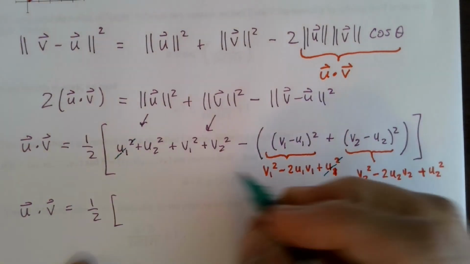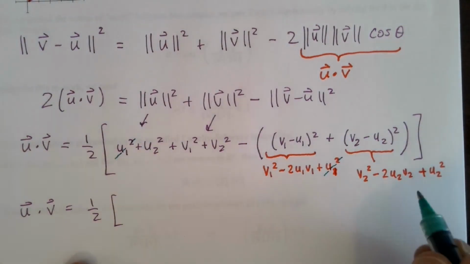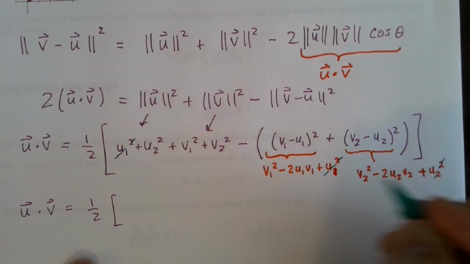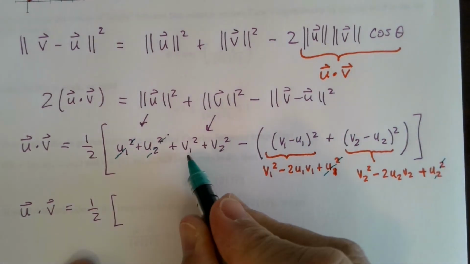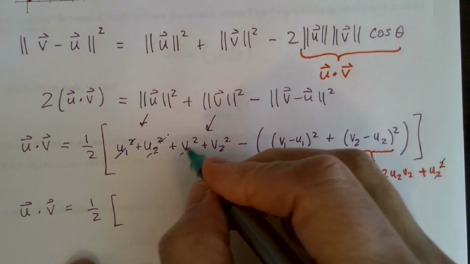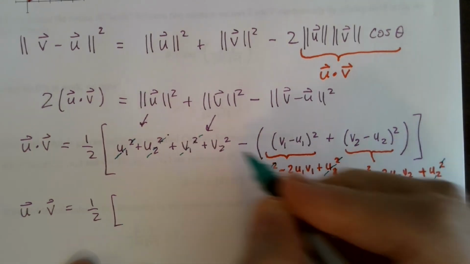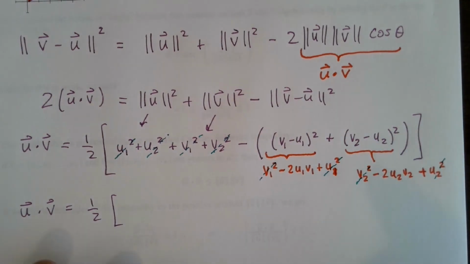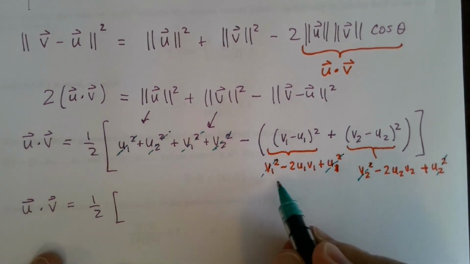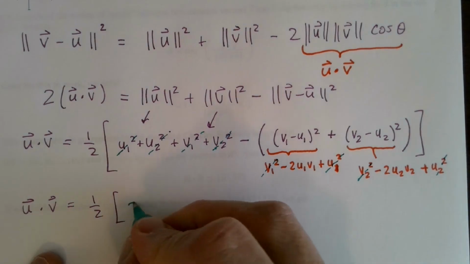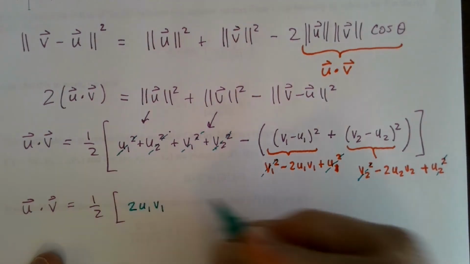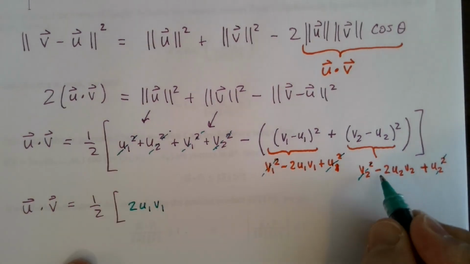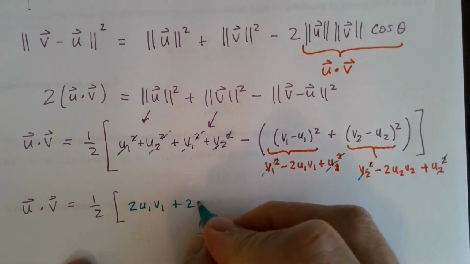And then u2 squared minus u2 squared, those are going to go away. v1 squared minus v1 squared, that's going to go away. And v2 squared minus v2 squared. Look at that, everything goes away. And what are we left with? Well, that's 2u1 v1 plus 2u2 v2.